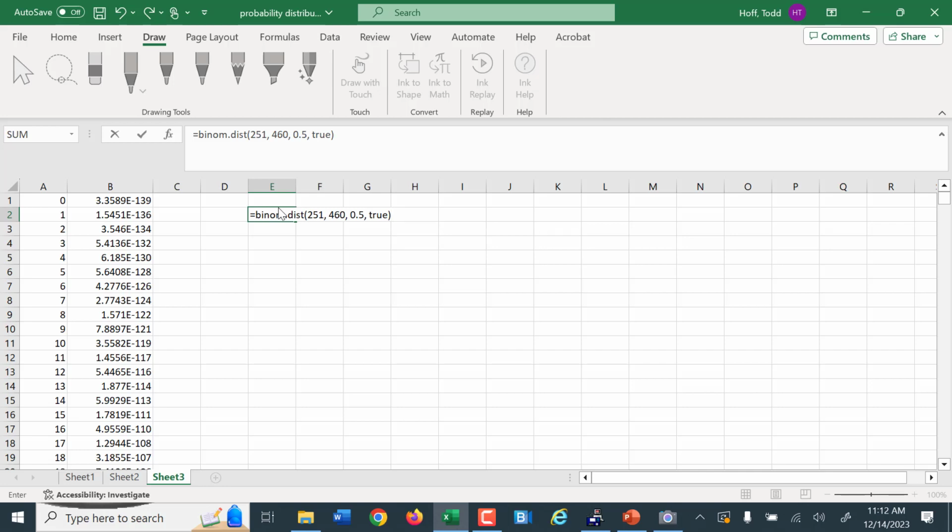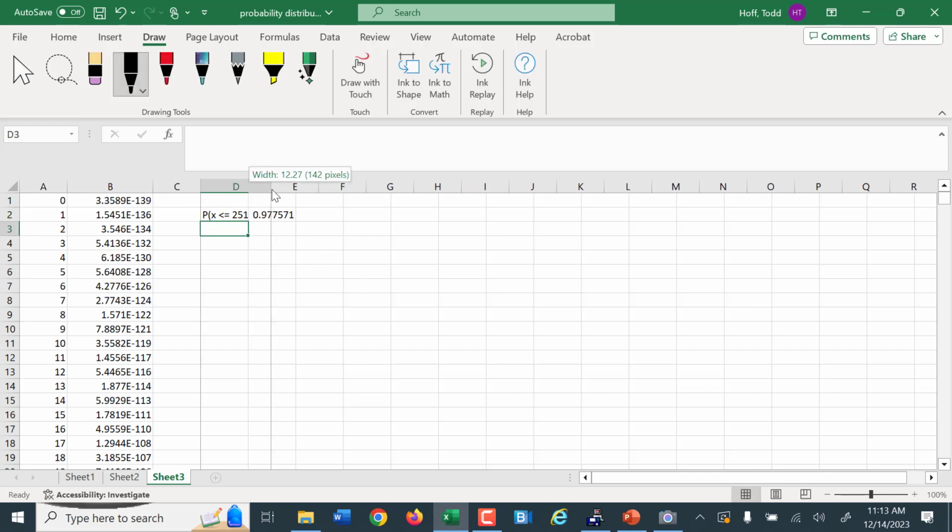Well, that's going to be really small when there's 460 different values. When I say true, I'm saying I want the probability of being less than or equal to this. That's the reason I put in 251 instead of 252. This is the probability of being 251 or less. So probability that x is less than or equal to 251.